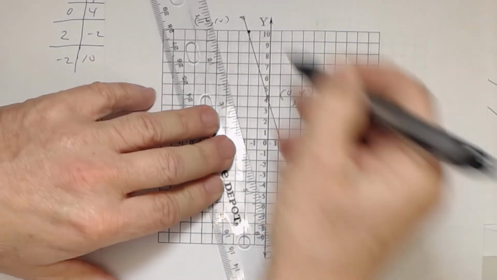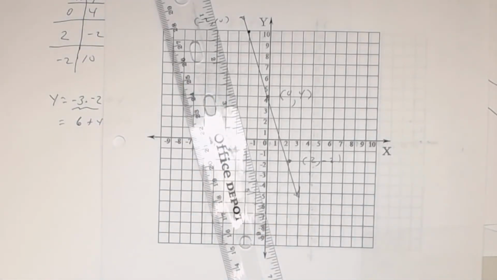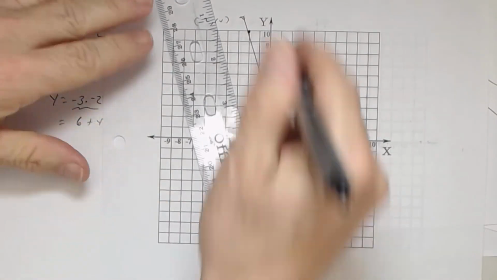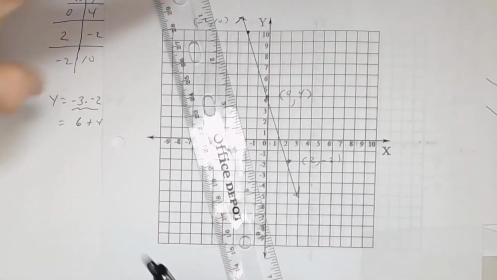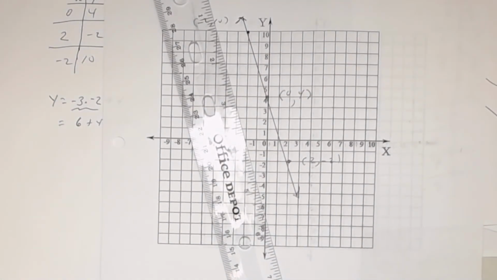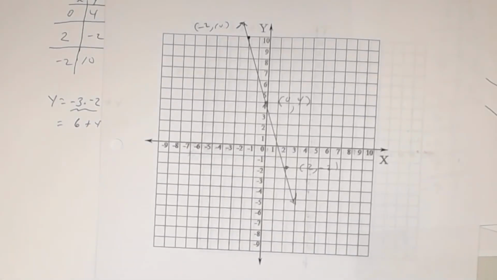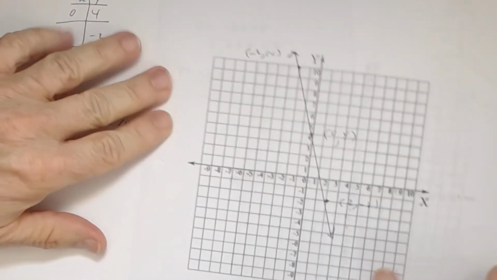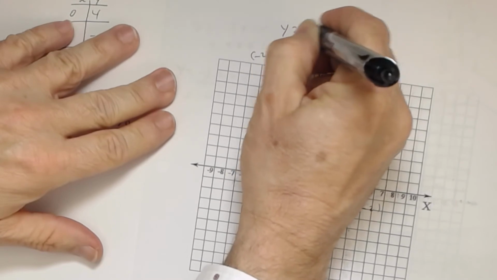Now, it didn't exactly go through this point, but it's fine. So there's your graph. Make sure you go through the 3 points and you draw arrows, okay? Extend it and draw your arrows. And so there's the line, y equals negative 3x plus 4.